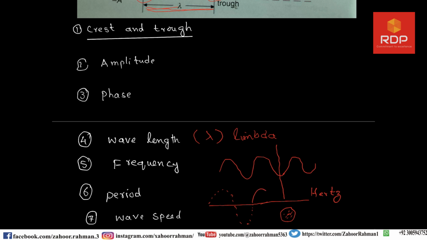But if there is a second wave, then this is called two waves. And remember that from where the wave is starting, when it completes one turn to be exactly at the same position, then we say this is the time period.